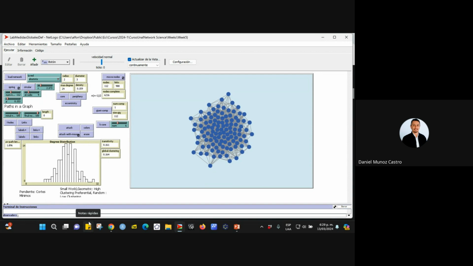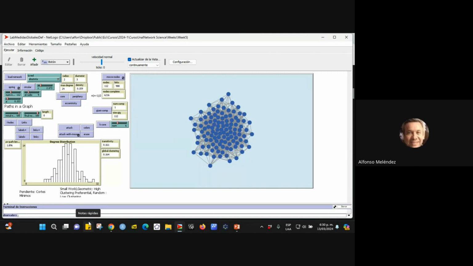We can say that dynamic networks can use this proposal, the degree distribution and global clustering of a random network, to deduce in a dynamic network how the next node is going to be connected.